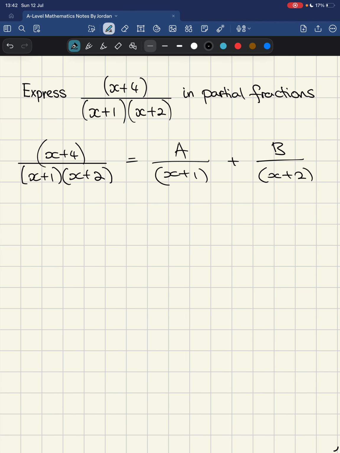Okay. If you can imagine at the bottom, the highest order would be x squared, since if you multiplied these two brackets out, the highest order would be 2. And for this linear, the highest order would be 1, since the power on that x is 1. So this is what you would end up with, okay? The first step I would always do is to multiply through.